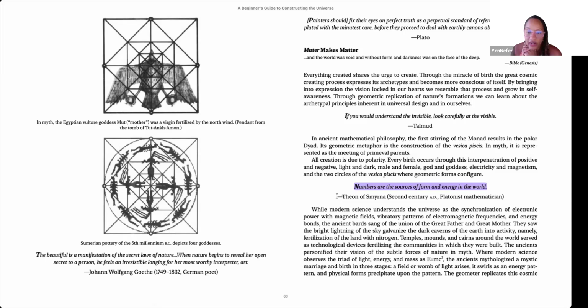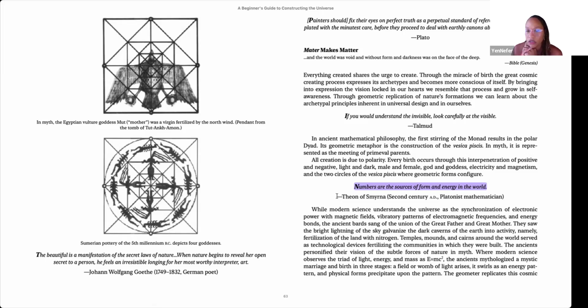They saw the bright lightning of the sky galvanize the dark caverns of the earth into activity, namely fertilization of the land with nitrogen. Temples, mounds, and cairns around the world served as technological devices, fertilizing the communities in which they were built. The ancients personified their vision of the subtle forces of nature in myth.